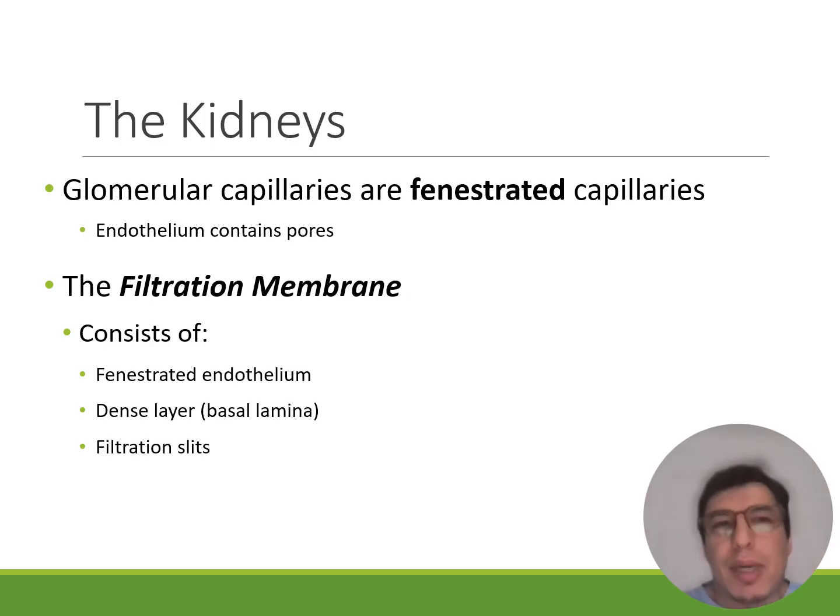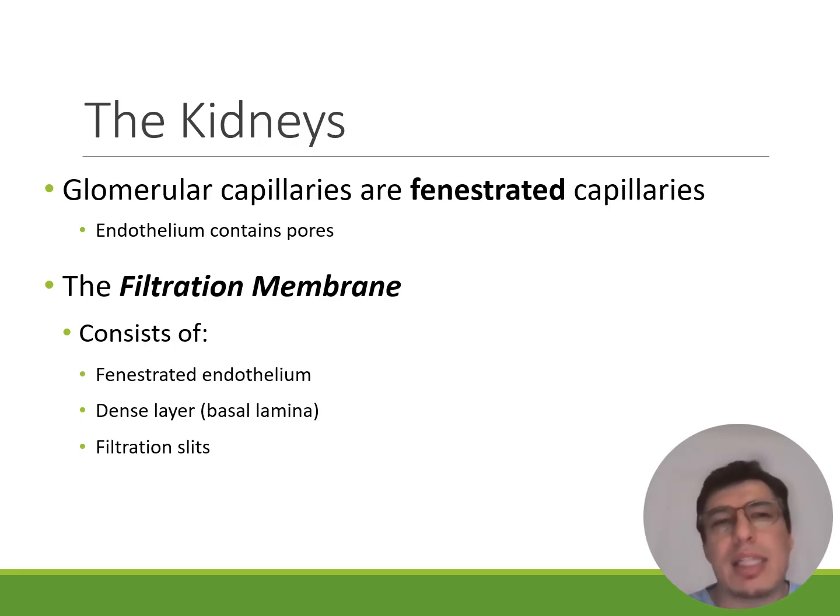The filtration membrane. So the glomerular capillaries are fenestrated, and that means that we have pores. This allows for faster filtration. Now it doesn't mean that we have big gaps in between. So we have the fenestrated endothelium, a dense layer of basal lamina, and filtration slits.